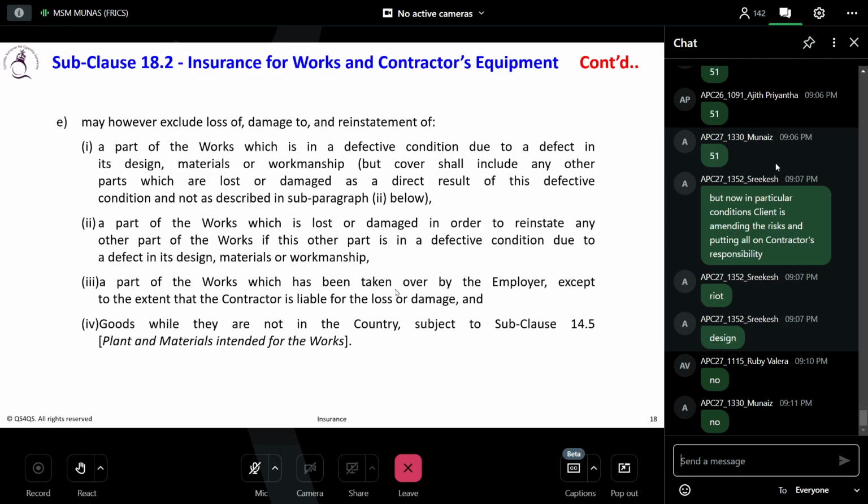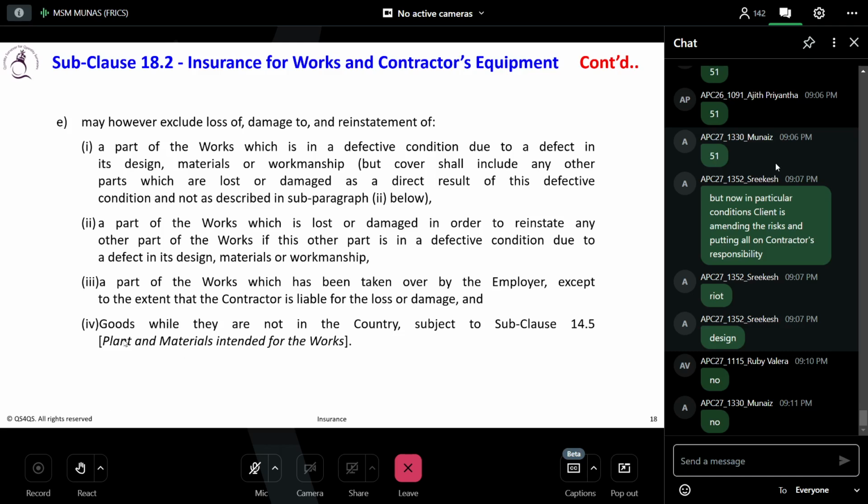And E3, a part of the works which has been taken over by the employer, except to the extent the contractor is liable for the loss or damage. So if the employer has taken over the part, okay, insurance has ceased. You don't need to cover under the insurance. If the contractor is insuring the works and the works are handed over to the employer, then insurance has ceased.